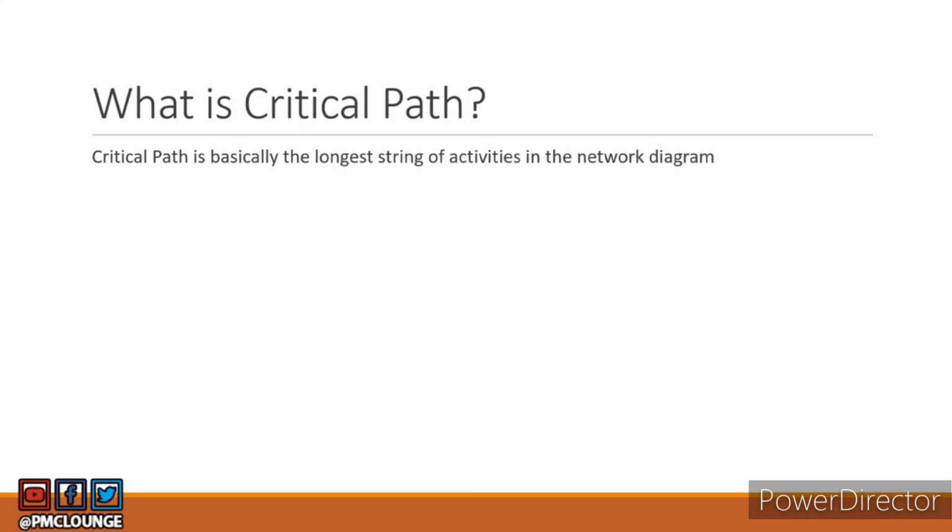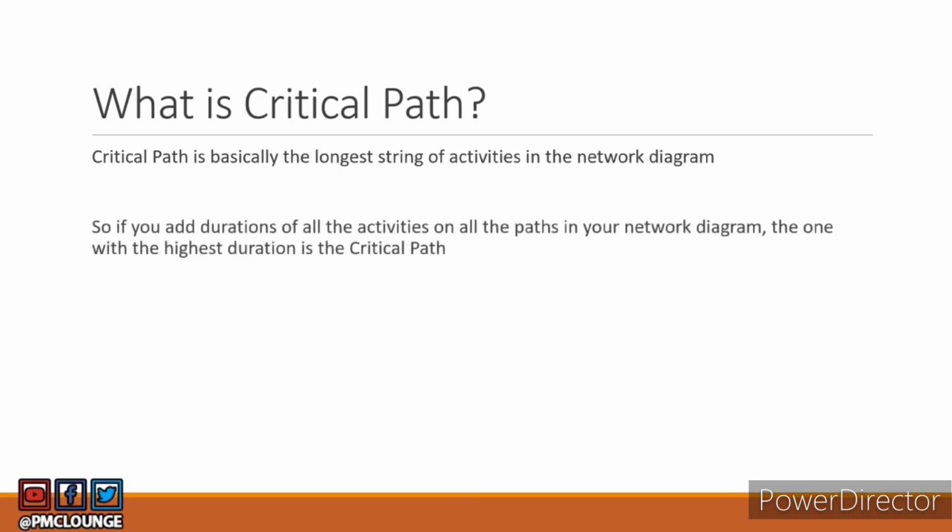So it is basically the longest string of activities. The longest string is the critical path. Now, if we add the duration of all the activities on all the paths in your network diagram, the one with the highest duration is the critical path.